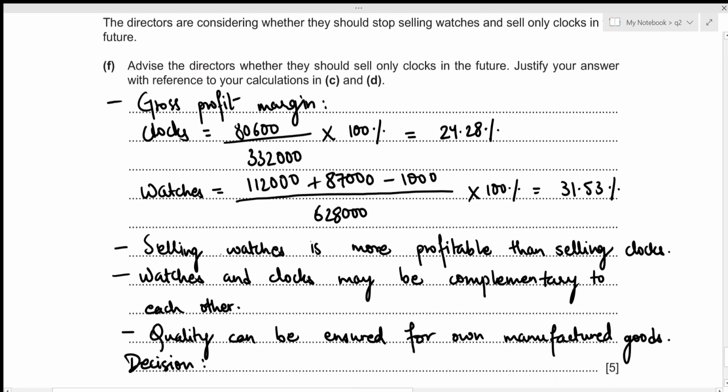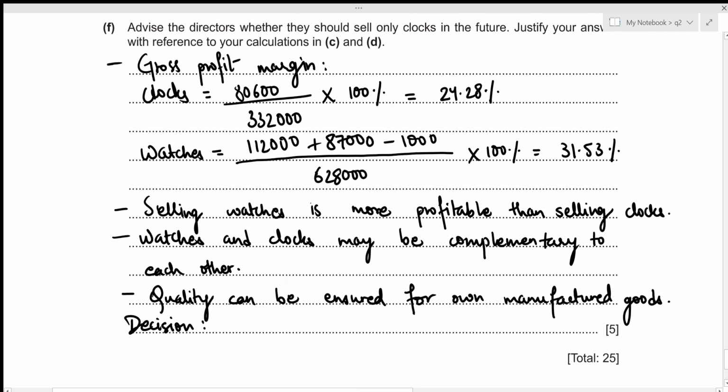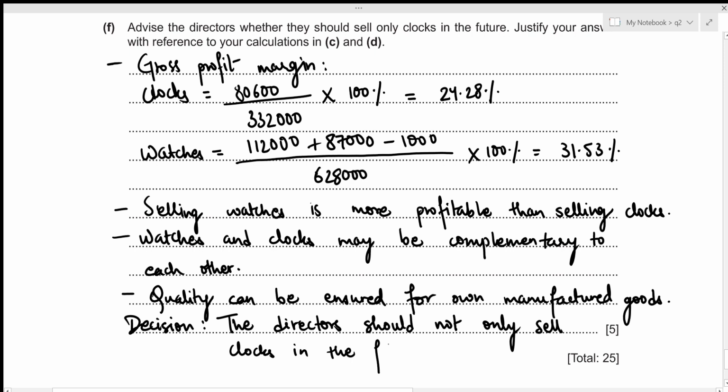So we can write it down as the directors should not only sell clocks in the future. Okay, this concludes the 6th part of this question as well as this entire question.